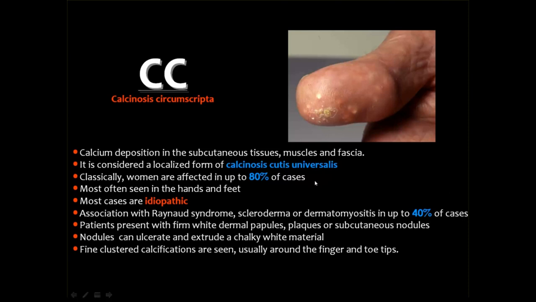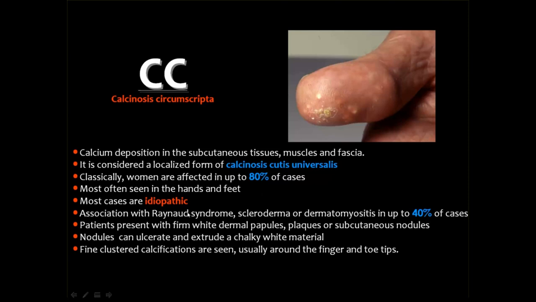This means that there is calcium deposition in the subcutaneous tissues, and it is considered a localized form of calcinosis universalis, and commonly seen in women. Most of the cases are idiopathic and commonly present in the hands and feet.